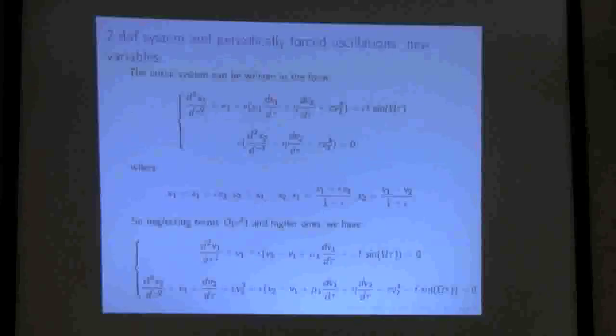So I obtain this system now, and if I introduce, it is similar, coordinate V1 of center of mass, V2 is the relative displacement, so I can write reverse equations.